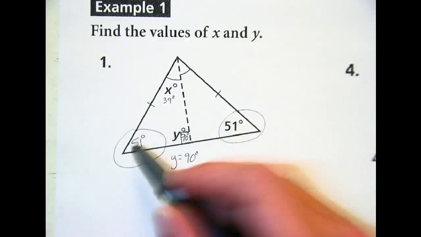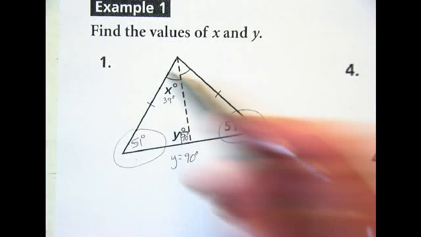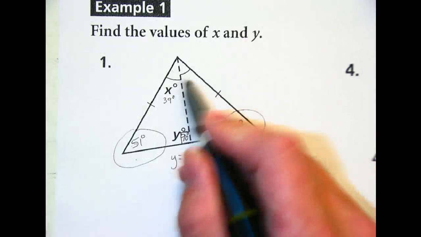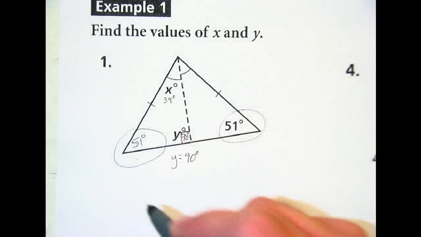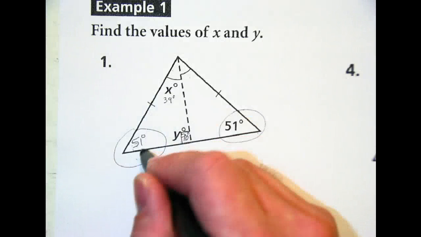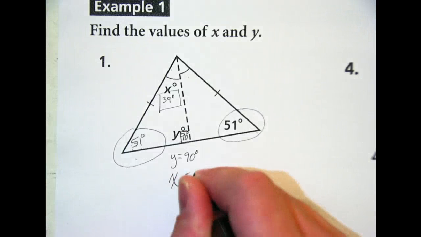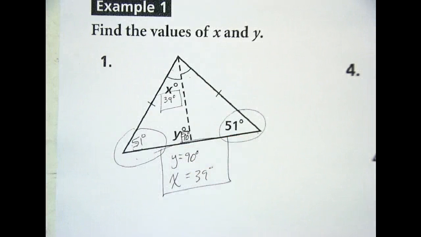We could have said 51 plus whatever equals 180, 78, and then cut that 78 in half to get 39. Or you could go 90 plus 51 plus what is 180. In this case, 39. So these 3 have to add up to 180, so this has to be 39. So x equals 39. Done. Any questions there?